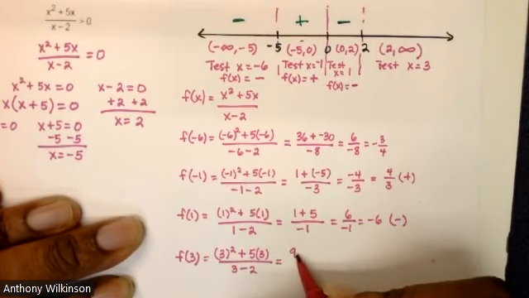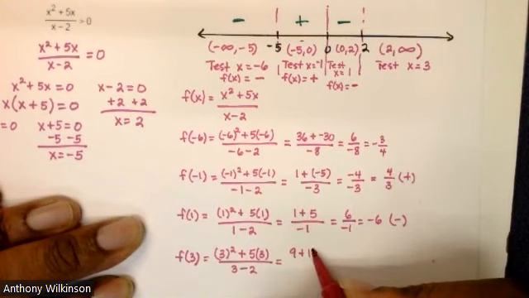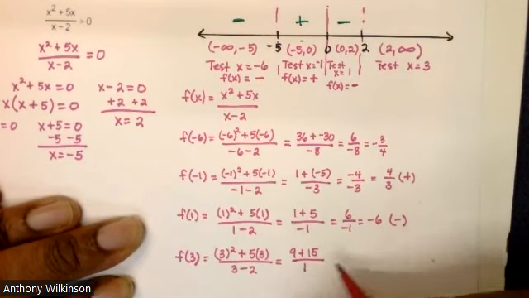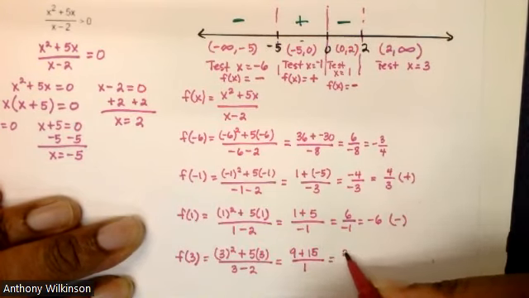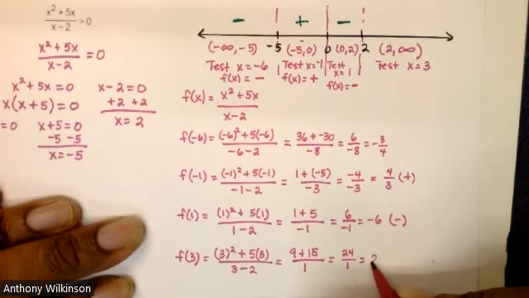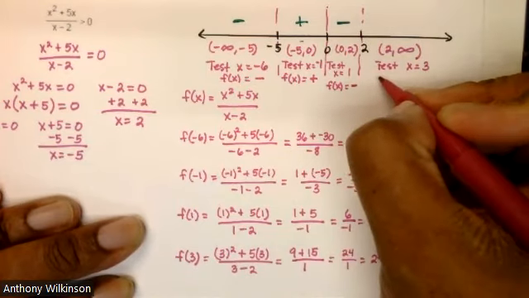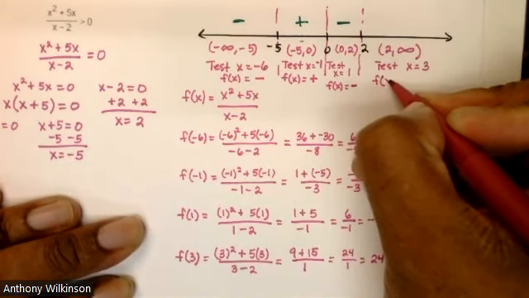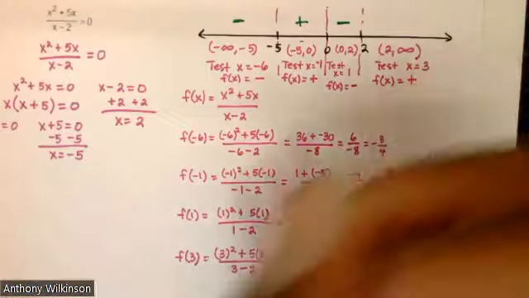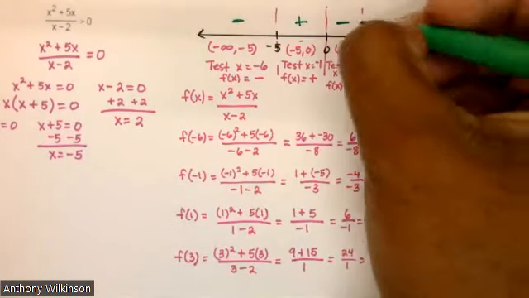Well, 3 squared is 9. 5 times 3 is 15. 3 minus 2 is 1. 9 plus 15 is 24, divided by 1. Ends up being 24, but that's going to be positive. So that means f of x is positive on the interval 2 to infinity.